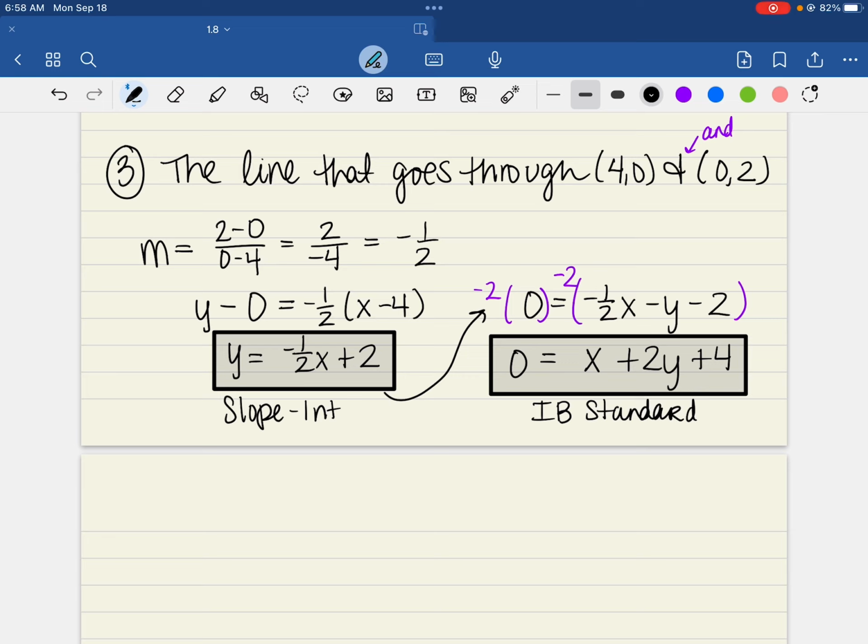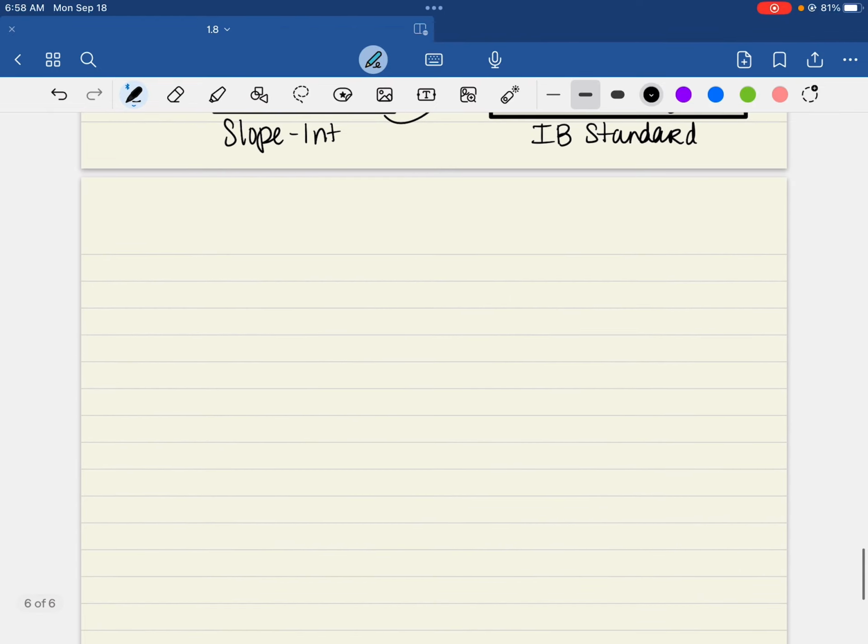The last thing we're going to talk about today is finding x and y intercepts. Let's remind ourselves what an intercept is.